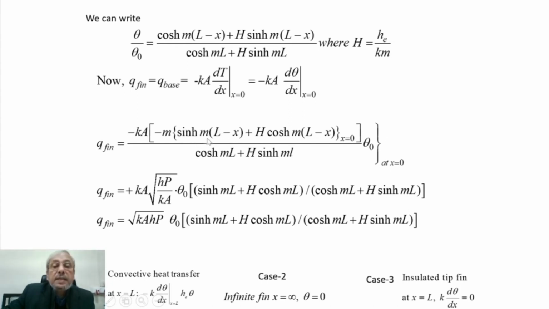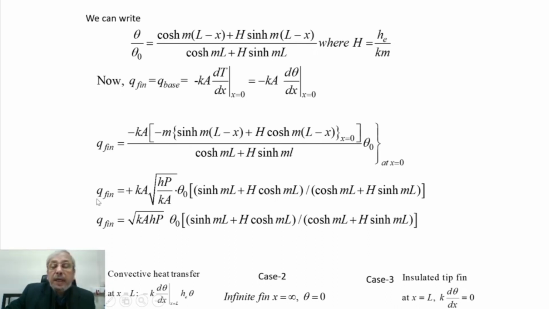We get inside sinh m(L minus x) plus H cosh m(L minus x) after the differentiation, and the denominator is cosh mL plus H sinh mL. Sorry, again a printing mistake. This is not lowercase l. This should be uppercase L. At x equal to 0, theta is theta naught.